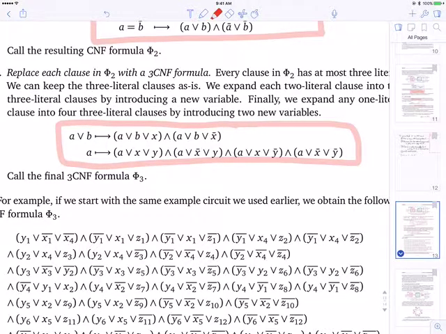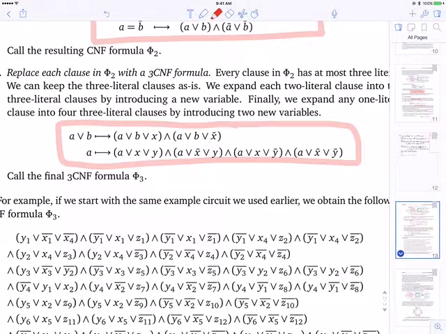But no matter what values I give X and Y, in one of those clauses, the X and Y stuff is going to contribute false, which means A has to be true. So the only way to satisfy those 4 clauses is to make A true.